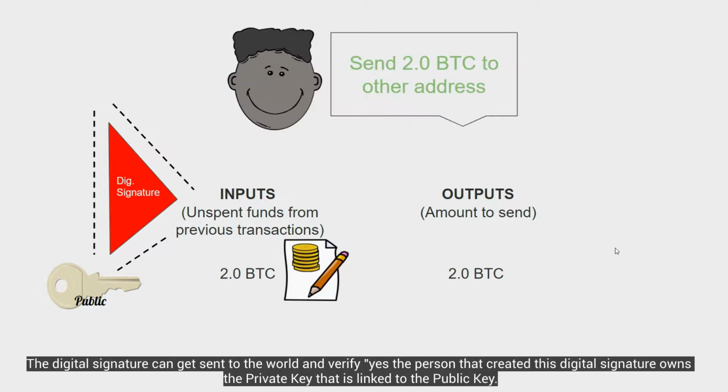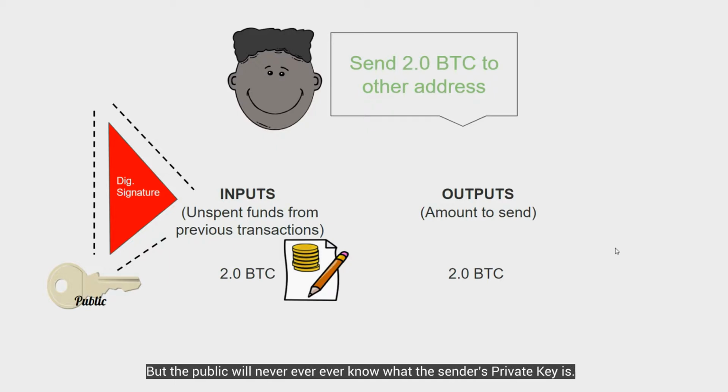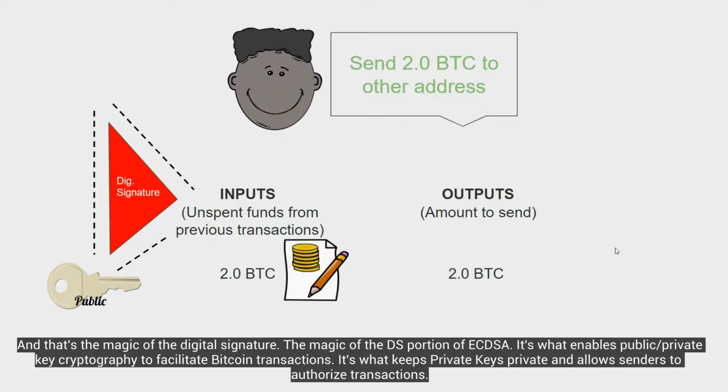The digital signature can get sent to the world, and the world can verify, yes, the person that created this digital signature owns the private key that is linked to this public key. But they will never, ever, ever know what the private key actually is. And that's the magic of the digital signature. That's the magic of the DS portion of the ECDSA.